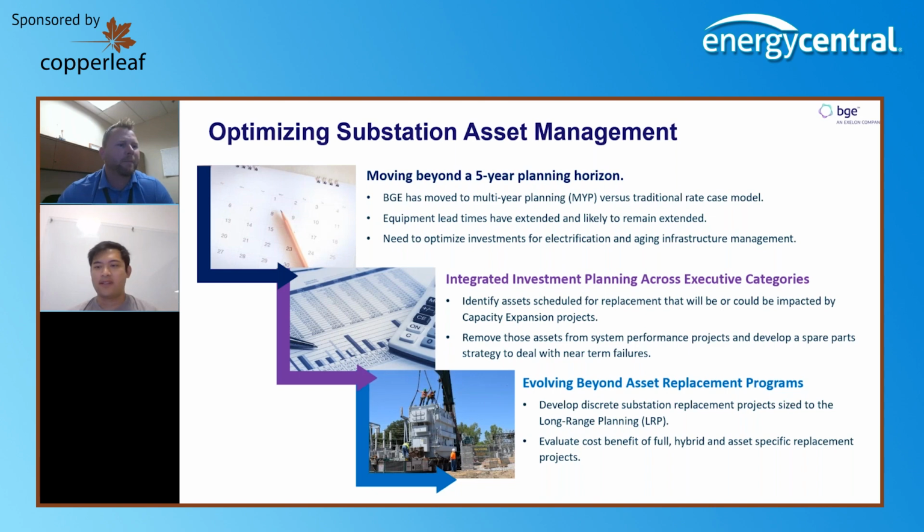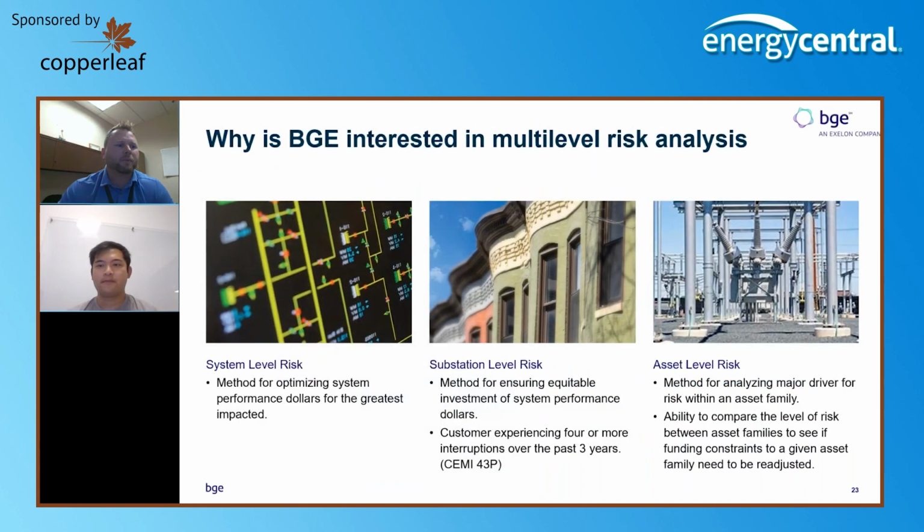Awesome. Let's take a look at that then. If you go to the next slide, this is one of the things that's starting to lead us to this conversation of, should we be looking broader than asset replacement and looking at what we're calling hybrid or full substation replacements? We started thinking about risk in 3 levels.